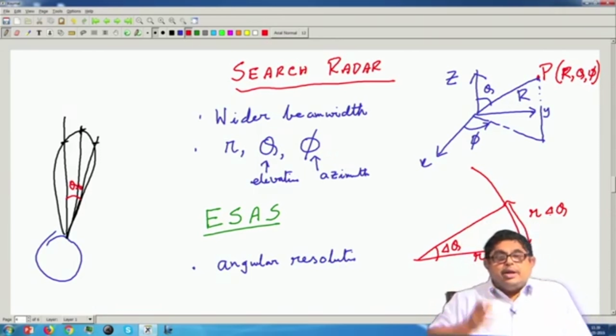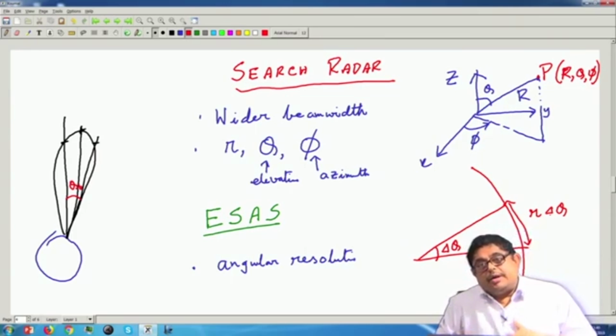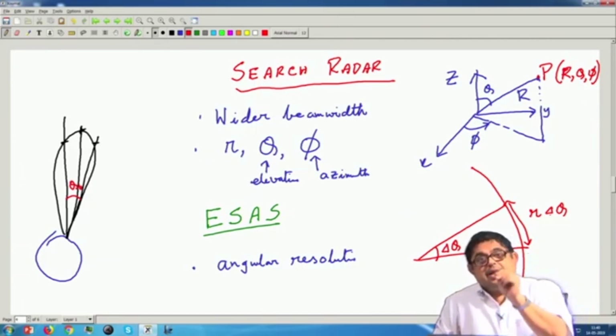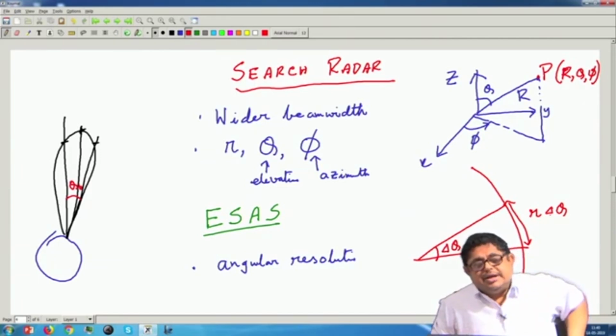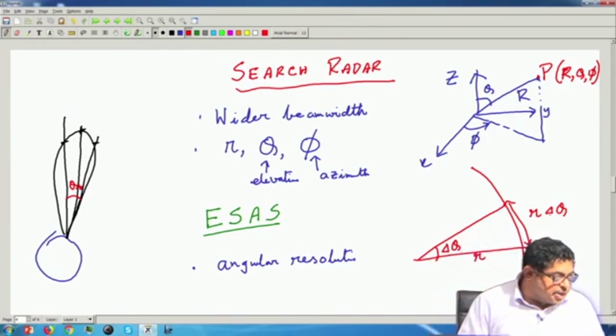By that way all the modern launching of extraterrestrial spacecraft, landing on the moon etc., require that precise measurement, which is done by tracking radars. That concept we will see in tracking radar.